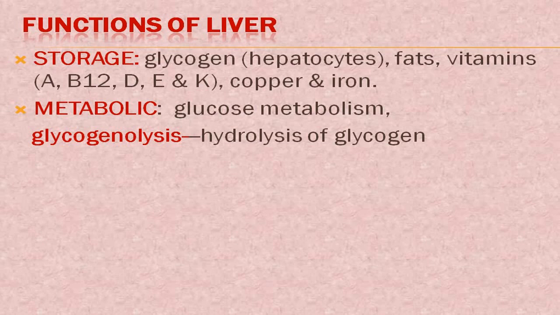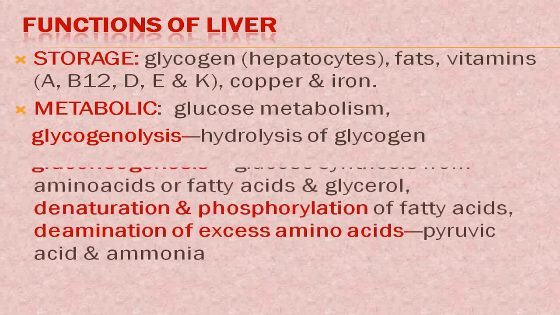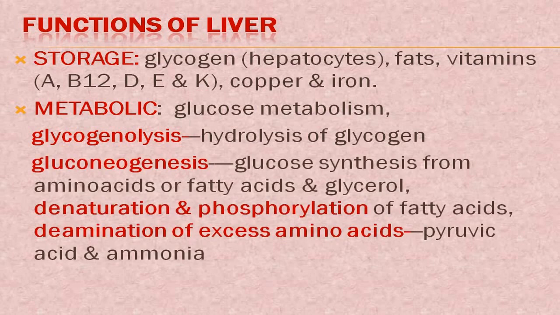So the breakdown of glycogen is called glycogenolysis. And gluconeogenesis means the formation of glucose molecules from amino acids or fatty acids and glycerol.